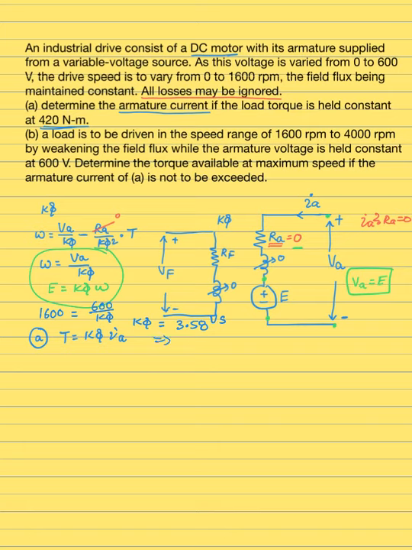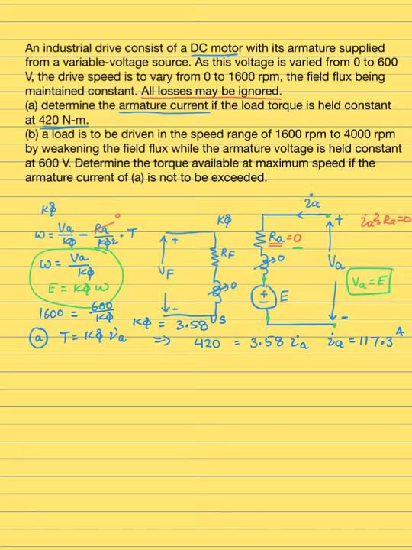Now you make use of that. You're going to say 420 Newton meters of torque equals 3.58 times the armature current. So the armature current required in order to run a load of 420 Newton meters is 117.3 amperes. Okay, that's the first part of the question.